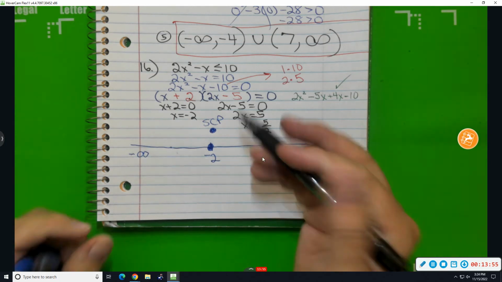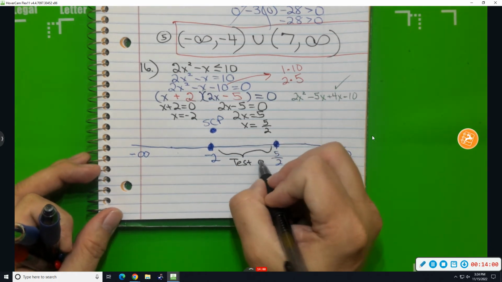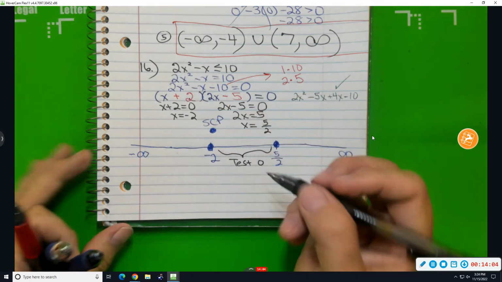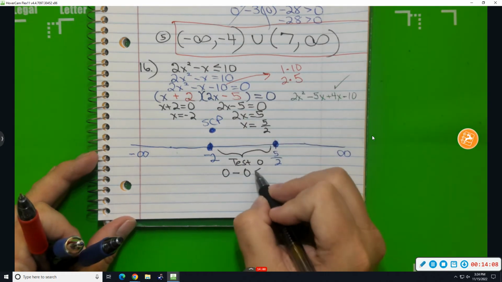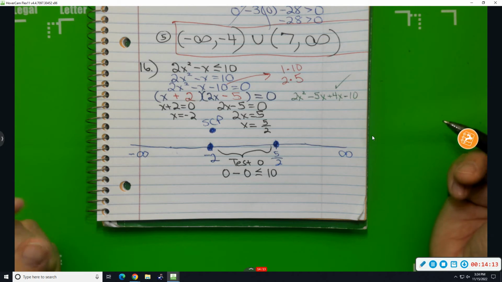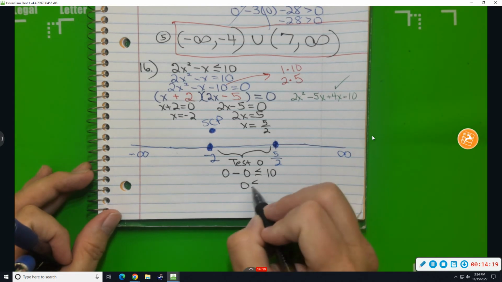Right, here's 0. 0 is always between a negative and a positive. So plugging in 0, 0 squared is 0 times 2 is 0 minus 0 is less than 10. True or false? True. 0 is less than 10.